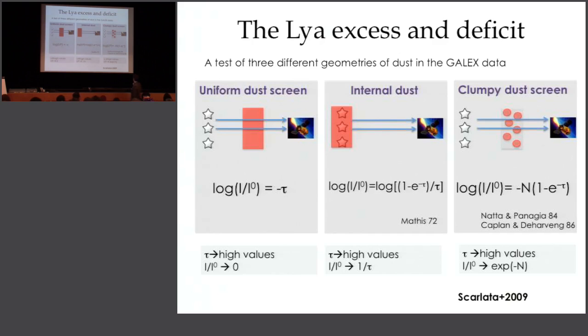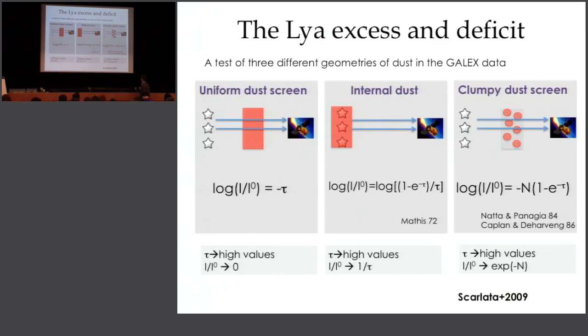And then you have a more complicated situation where we write up, if you assume all the dust is located in clumps, all of a given optical depth tau, with a number distribution in the line of sight characterized by a Poisson distribution.